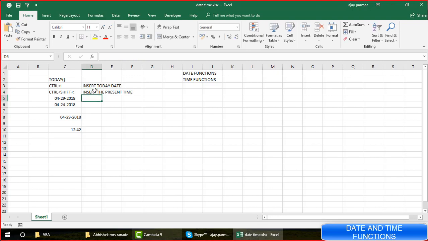If your computer has a wrong time, please understand the time will be wrong. It is going to pick up the time from your system, from your machine, right?